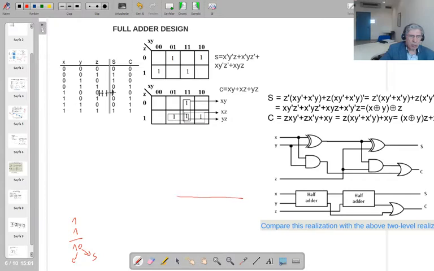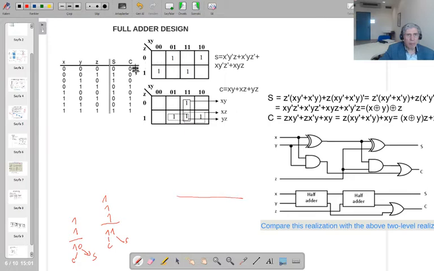For this one, sum is 1, carry 0. For this one, once again, there are 2 ones in it. Sum 0, carry 1. For this one also, sum 0, carry 1. If it is 3 ones, when you add them up, you're going to get 3, which is this, isn't it? So that is sum, that is carry. So sum 1, carry 1. So we set up the truth table.